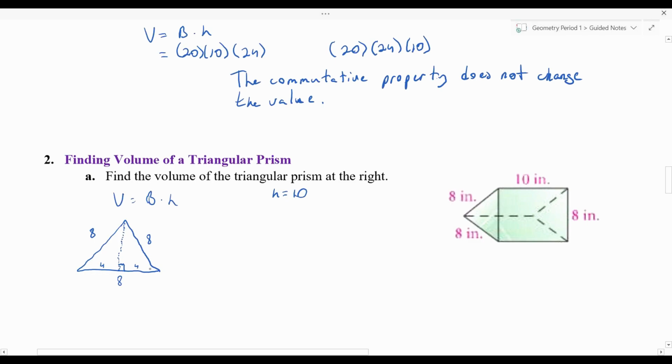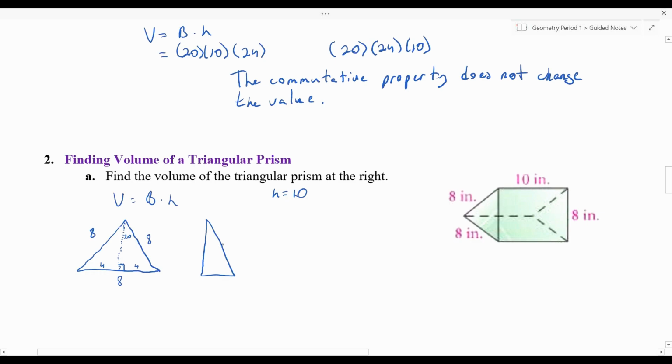And if this angle is 60 and I have this angle being 90, that means that this angle is 30. And now I'm going to bring one of those triangles here so we can work better. I need to know what the height is so I can calculate the area.